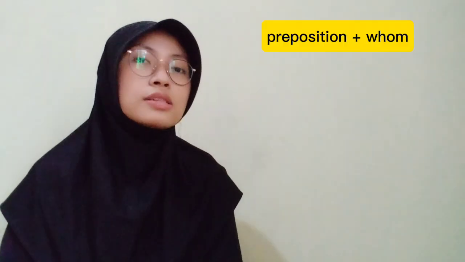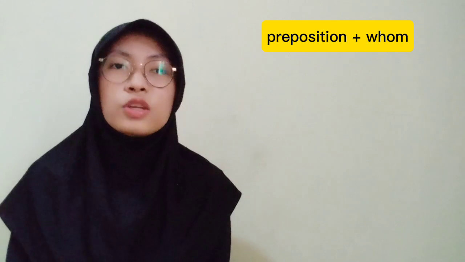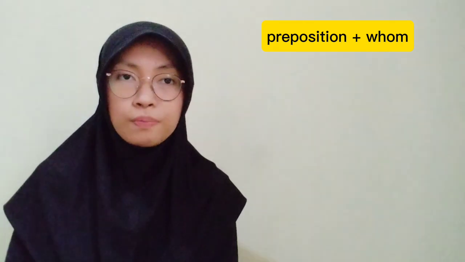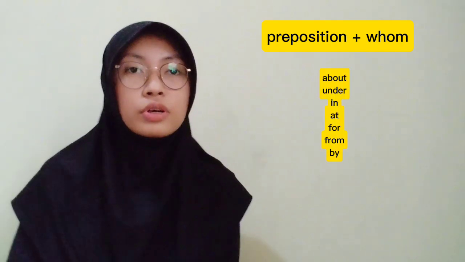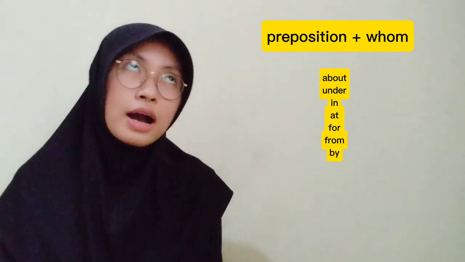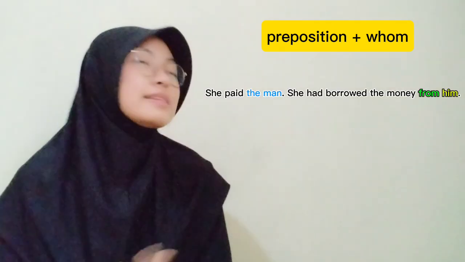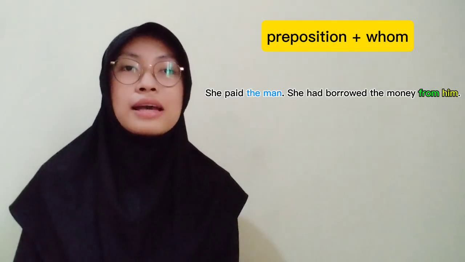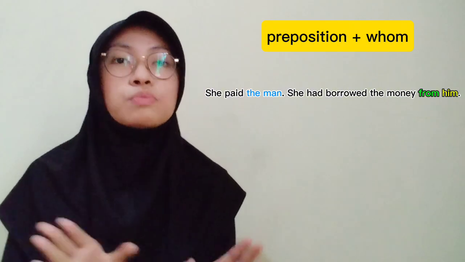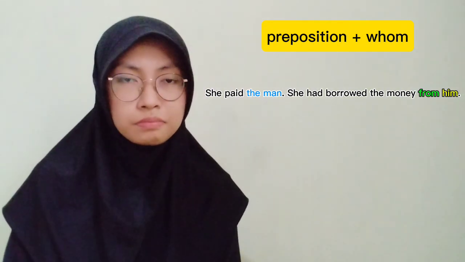And number 4 is preposition plus whom. Anyway, can you mention some prepositions you know? Great! So words like about, under, in, at, from, for, by, and many others are prepositions. Now look at the sentences. She paid the man. She had borrowed the money from him.